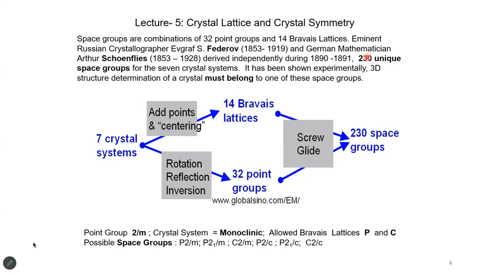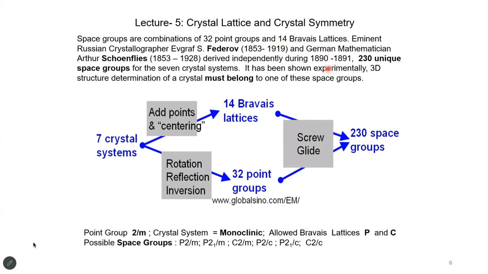This is a mathematical derivation for a 3-dimensional object, of how many space groups we could get using these space symmetry elements as well as point groups and Bravais lattice.